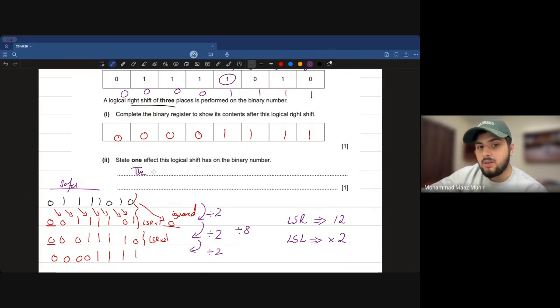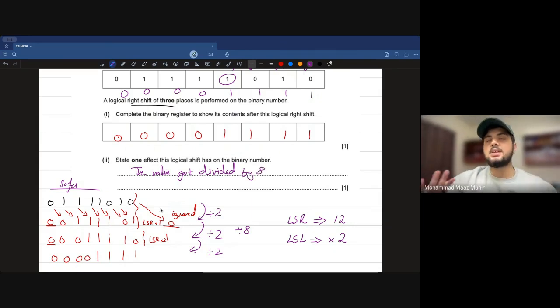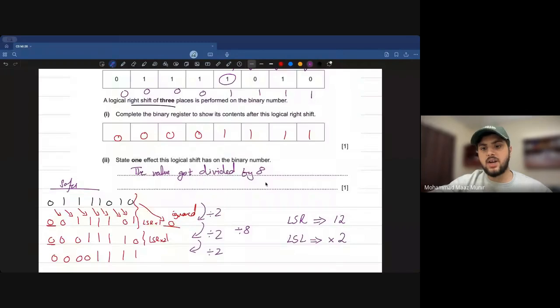If I have to do a calculation where I might have to divide some value by 8 immediately, rather than writing the whole code, I can basically tell the computer to perform logical shift right thrice. So now it's easier for us to divide and multiply the value. The main use of logical shift is to perform such multiplication and division calculations at a faster pace.